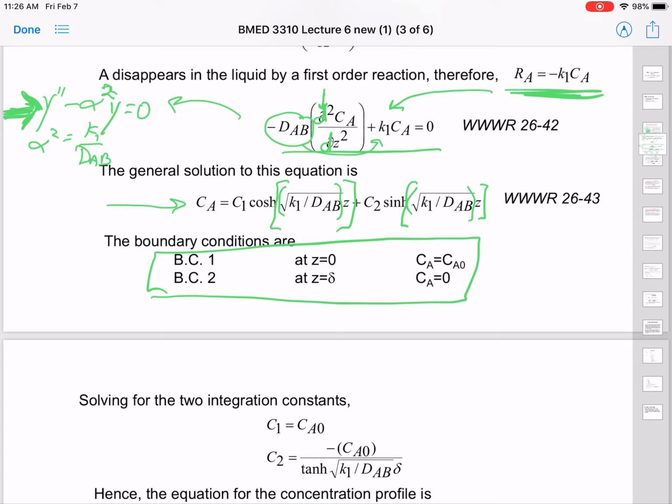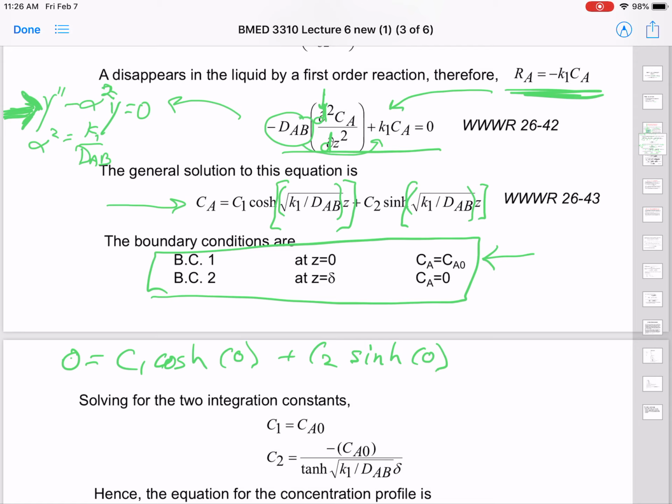Let's start with the first one. If you plug in z equals 0, Ca equals Ca0. So Ca0 is equal to C1 cosh of 0 plus C2 sinh of 0.